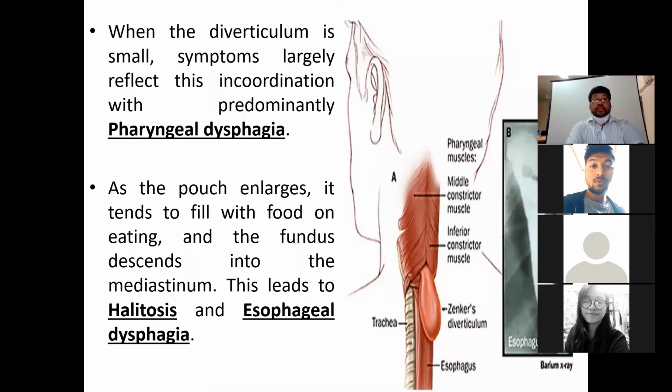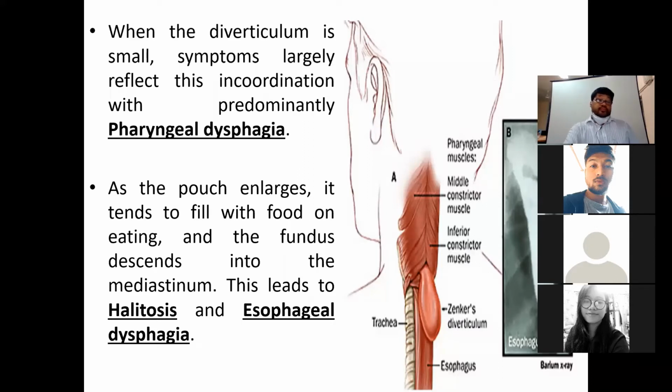So a sense of stickiness will be there in the pharyngeal region, but as the pouch enlarges, the food matter gets filled up in the pouch, and gradually the fundus of the pouch descends. It may descend up to the mediastinum.